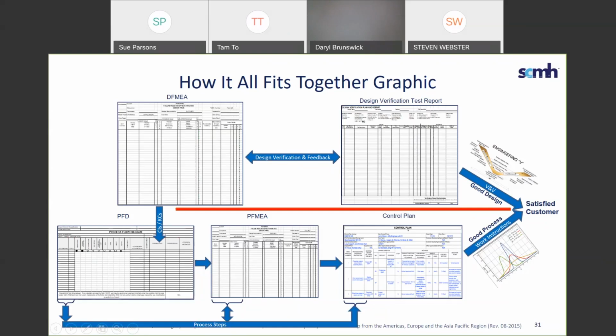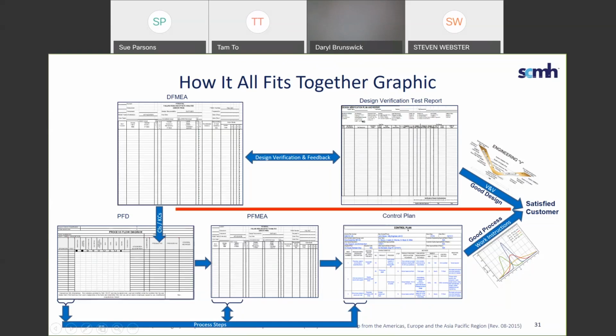And ultimately, a good process would be driving work instructions and process controls, and the whole process would result in a satisfied customer if all these tools were linked together the way they are. You've got the DFMEA providing information on testing and then feedback back to the DFMEA.